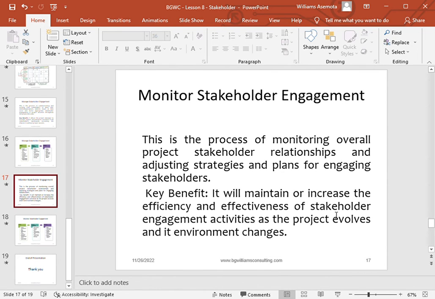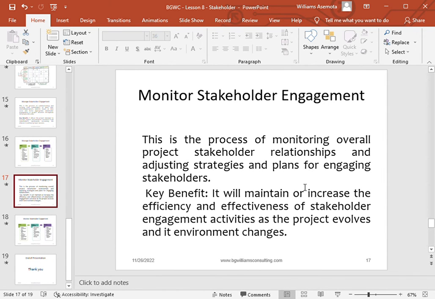What is the essence of monitoring stakeholders' engagement? This is the process of ensuring that your relationship with all your stakeholders is going as planned. And if perchance it is not going as planned, there is room to quickly readjust your strategies and plan.